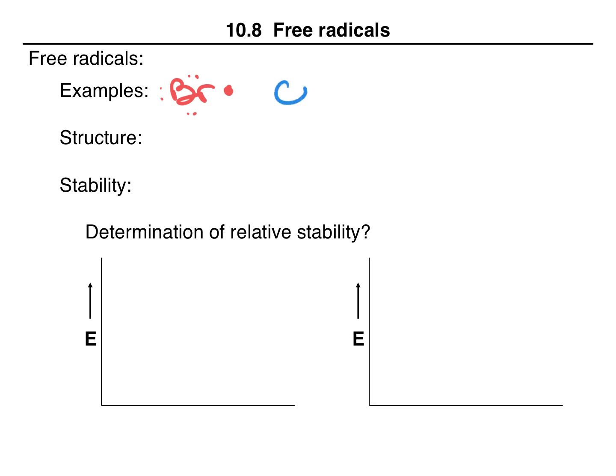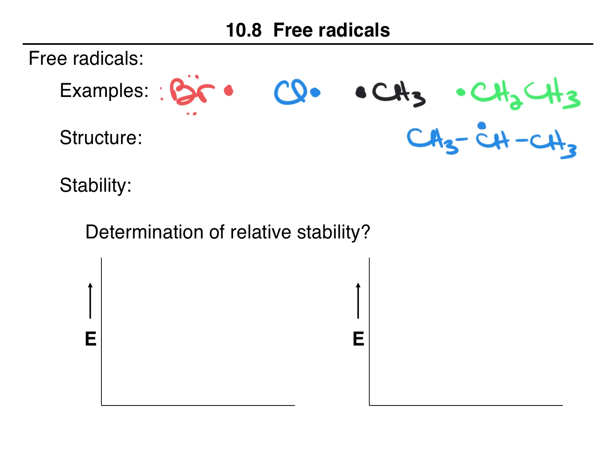We might have a chlorine radical. We could have alkyl radicals, such as a methyl radical. We could have an ethyl radical. We could have something like this, where this is a radical, or we could have something like this, where this is a radical.